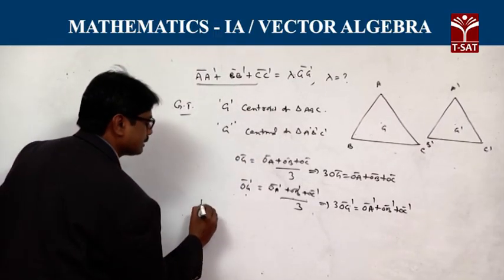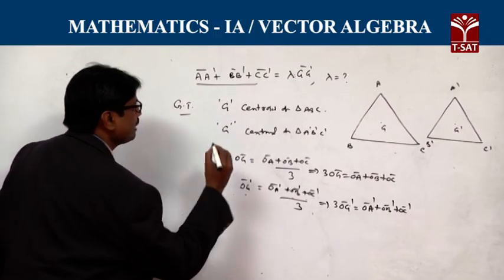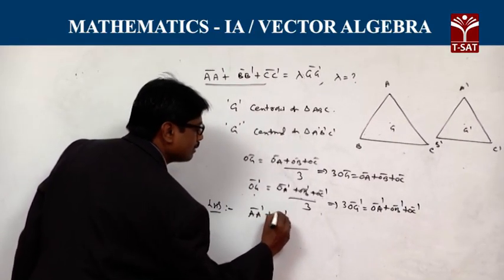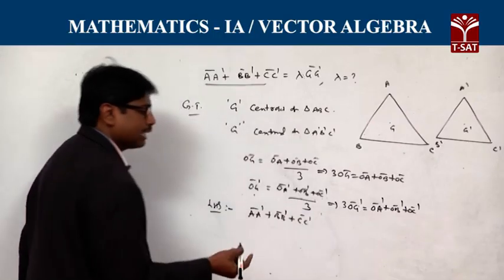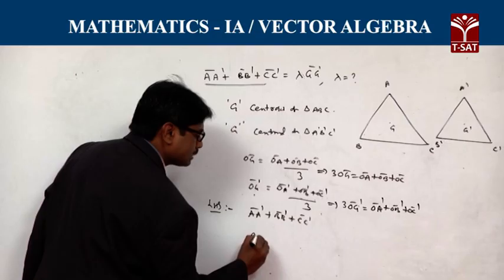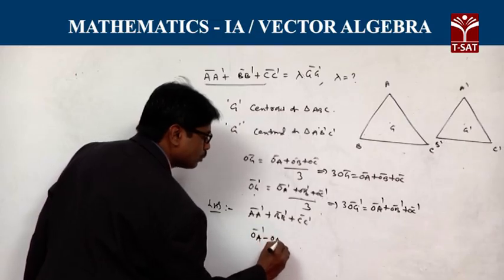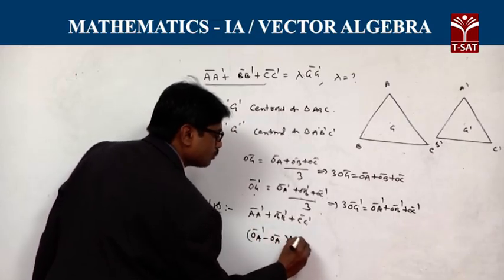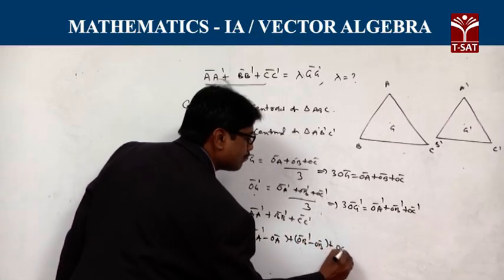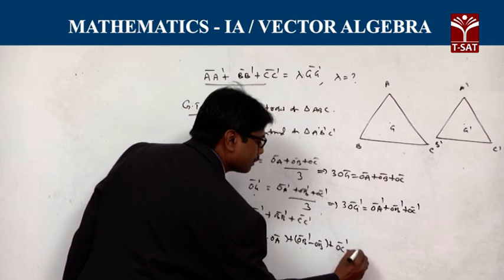Now you wanted to find lambda, express this in the position vector. Let the left hand side of the problem be AA dash bar plus BB dash bar plus CC dash bar, express into the position vector. That is AA dash can be written as OA dash bar minus OA bar, plus OB dash bar minus OB bar, plus OC dash bar minus OC bar.